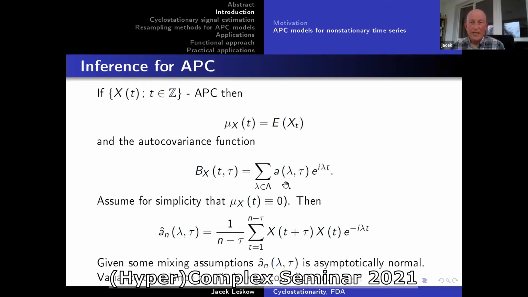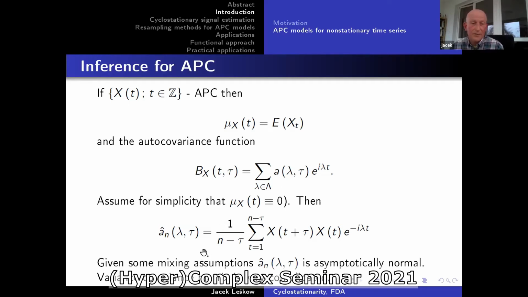For example, when we have just a stationary part, the only non-zero coefficient corresponds to the frequency 0. So the identification of non-stationary behavior in time series may be built up by approximating the coefficients and then seeing which coefficient is essentially non-zero for a non-zero lambda.